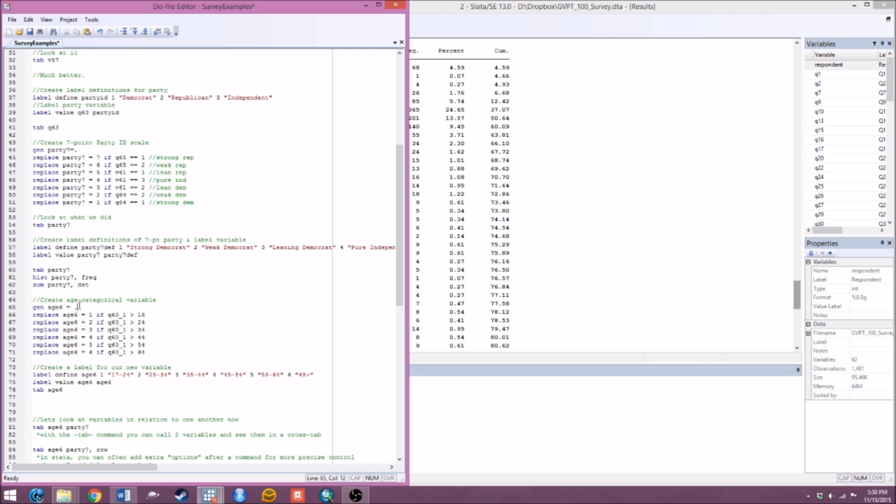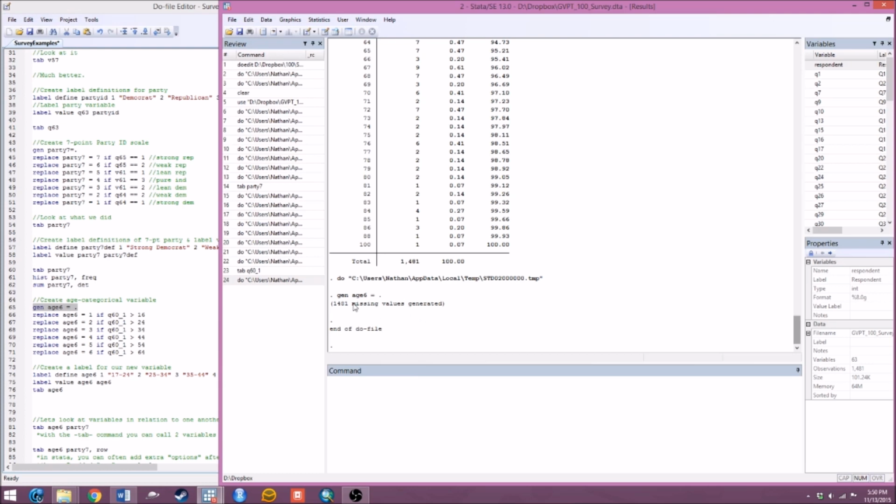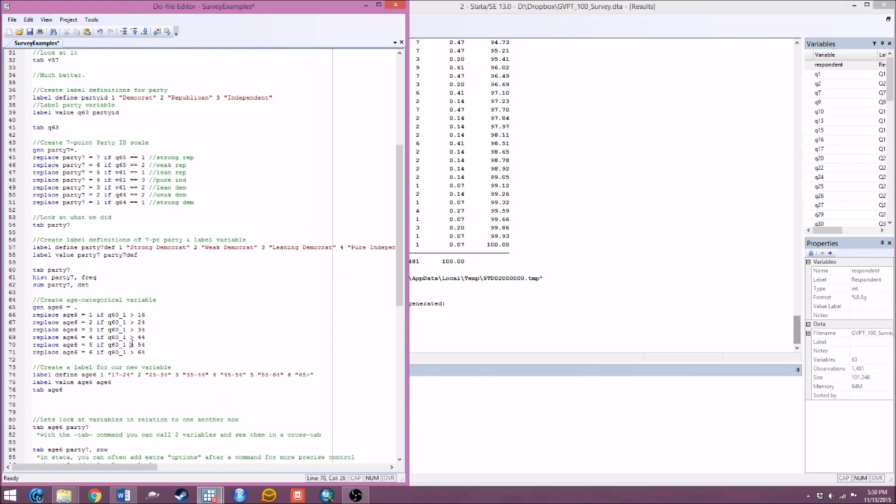So if we create our blank variable, okay, 1,481 missing values generated, we can go ahead and start to create this. Now, the way I have set this up, the order in which you run this is very important.